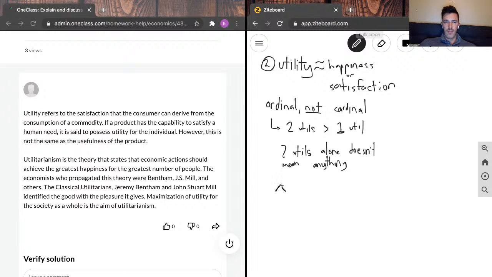So if we graph income on the x-axis and utility on the y-axis, money, we'll call it salary.